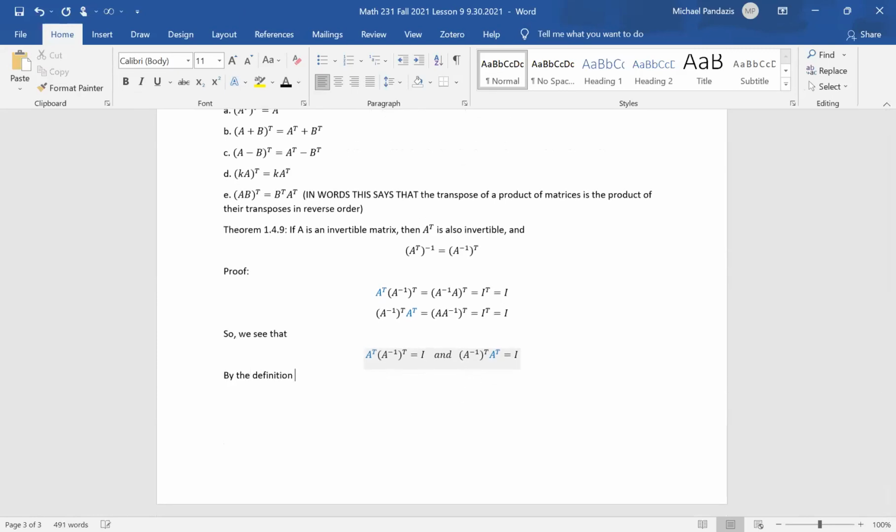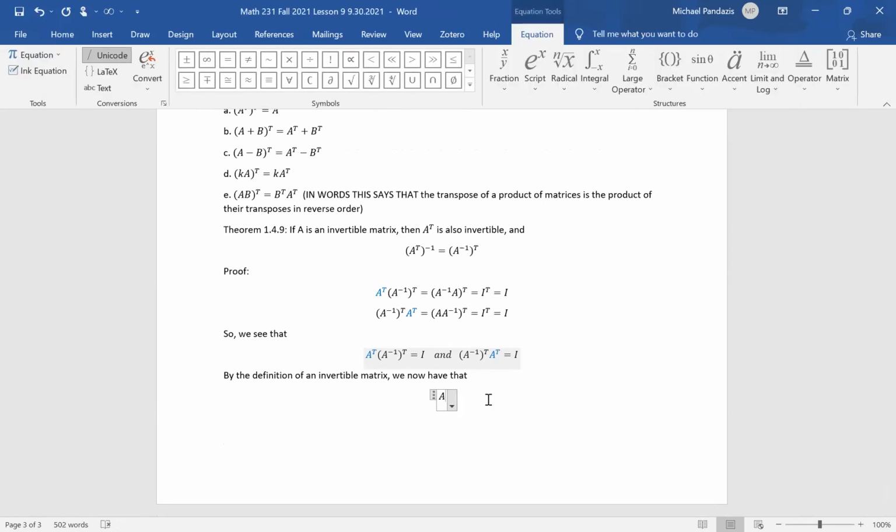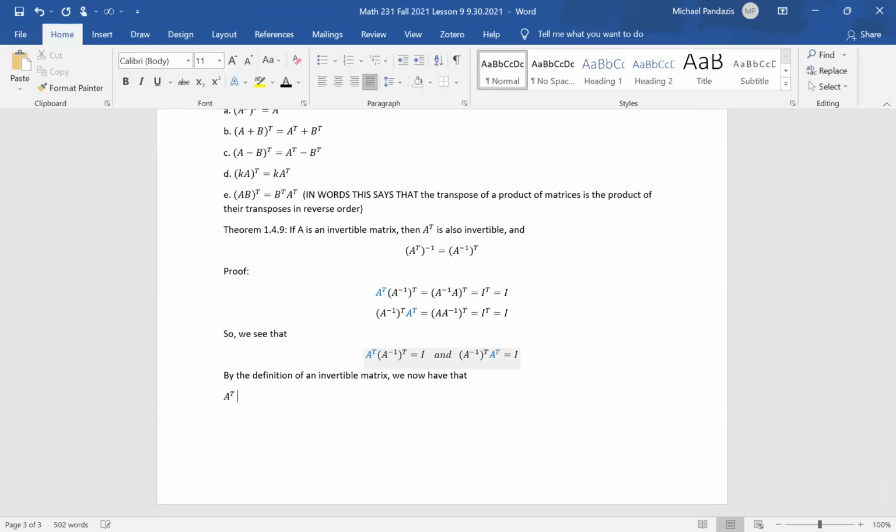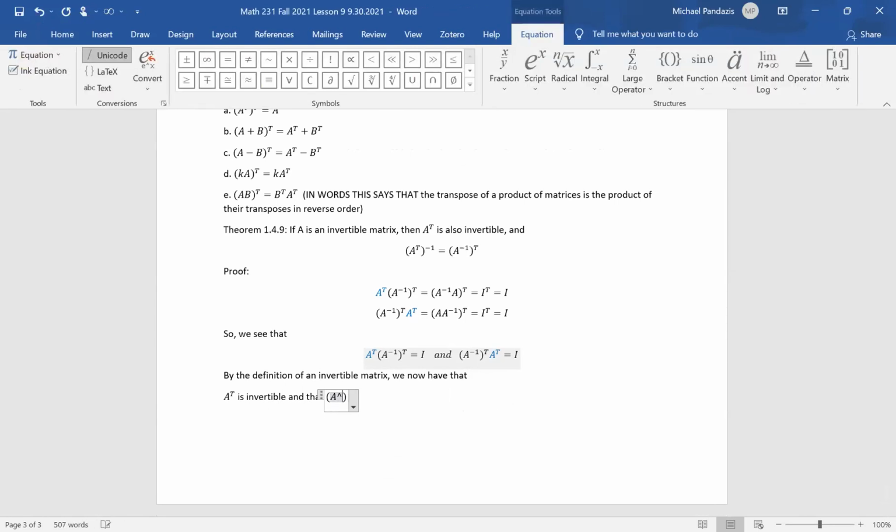By the definition of an invertible matrix, we now have that A transpose is invertible, and that the inverse of A transpose is equal to that matrix we can multiply it on the right and left by and get I. So specifically, this matrix is its inverse.